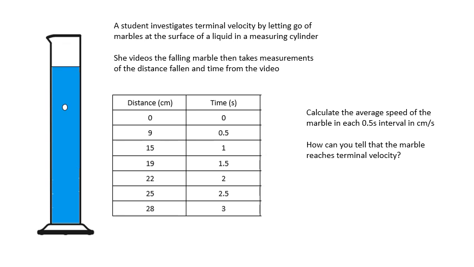So we've got a table of distance and time, so how far this marble has fallen in the liquid. Calculate the average speed of the marble in each half a second interval, and then how can you tell that the marble reaches terminal velocity?